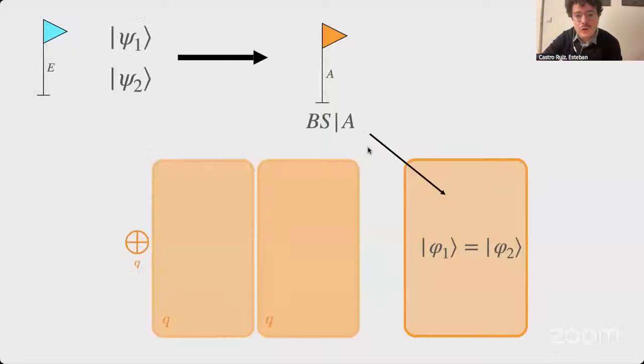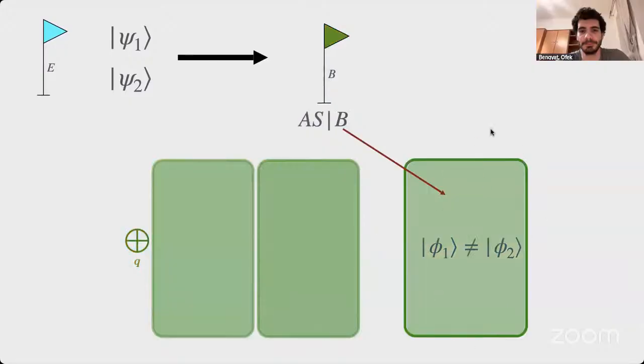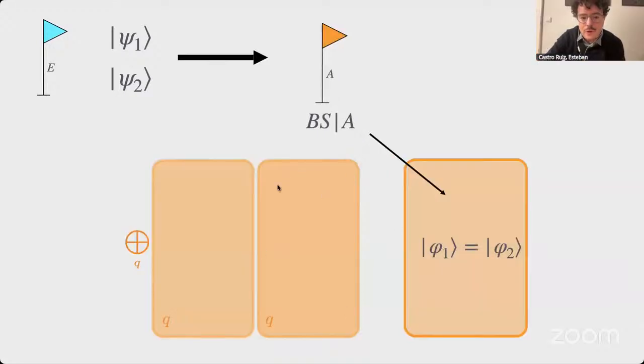So the extra information is with B. These two are equal. So in this subsystem, there is not enough information to find out what these states are. You can ask, where is the extra information? The extra information is here. It's invariant.